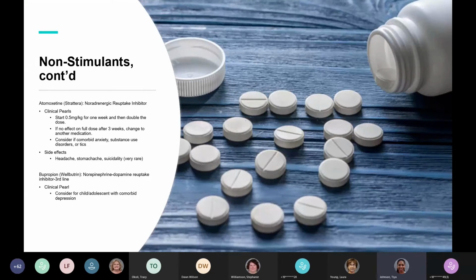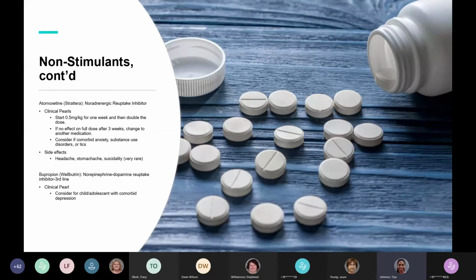So when I am using Strattera, I'm not really looking for it to help a whole lot with hyperactivity and impulsivity. The common side effects include headaches, stomach aches, and then very rarely suicidality, but that is a side effect, so we have to include that in our risk-benefit discussion.